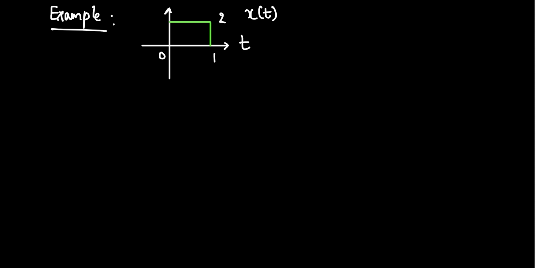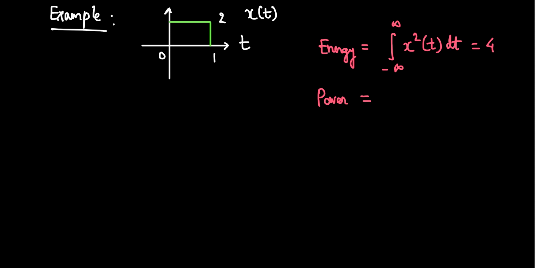So the energy here would be the integration from minus infinity to infinity of x of t squared dt, that turns out to be 4. If we try to calculate the power, power turns out to be 0.